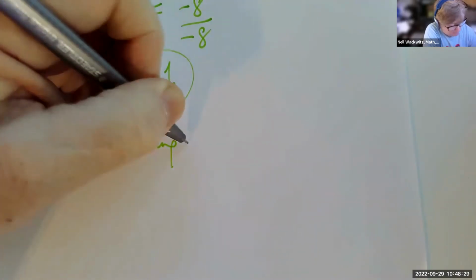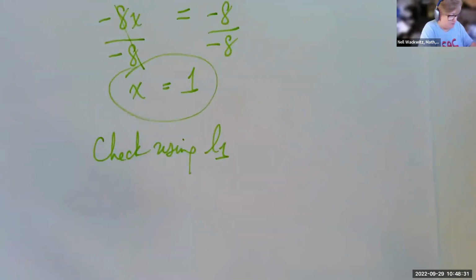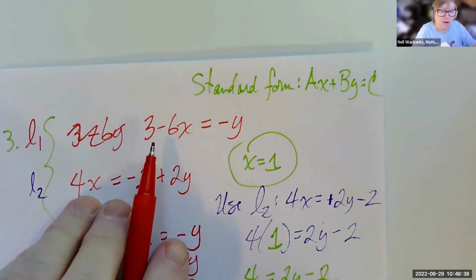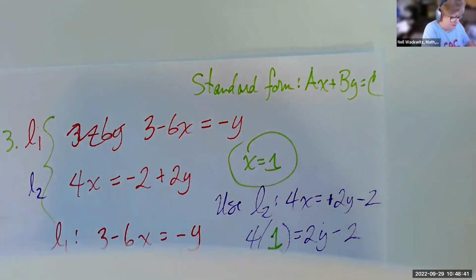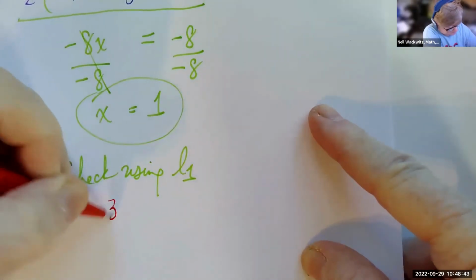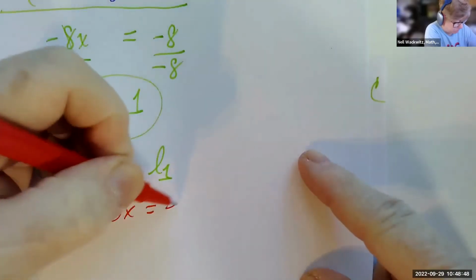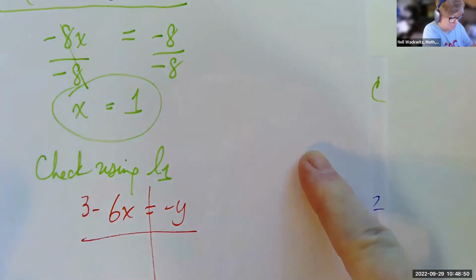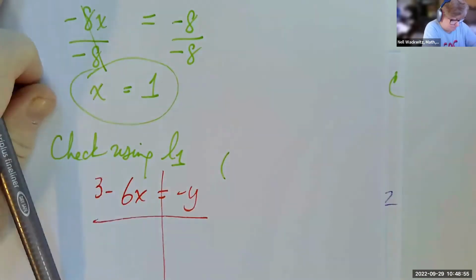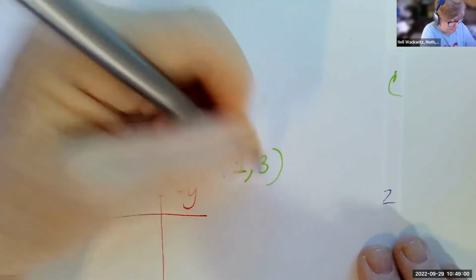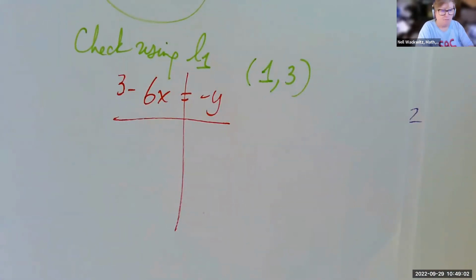Using line 1, and the original line 1 was 3 minus 6x equals negative y. The point that we're checking is 1 comma 3. And what do I fill in now?